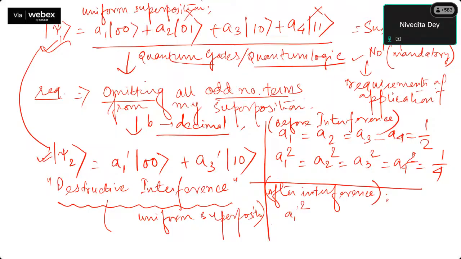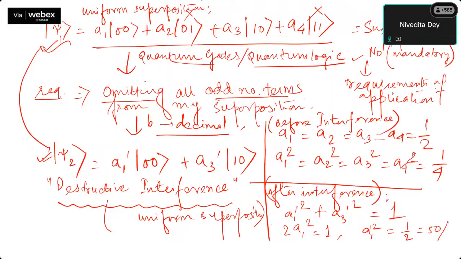It also has to obey the normalization constraint, the basic rule of probability. So A1 dash square plus A3 dash square has to be equal to 1. So that means 2 A1 dash square is equal to 1. So A1 dash square has to be equal to half.